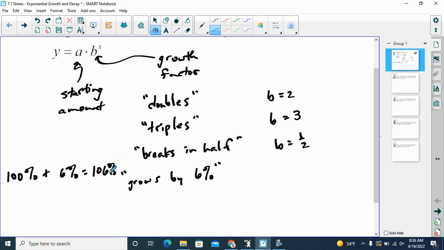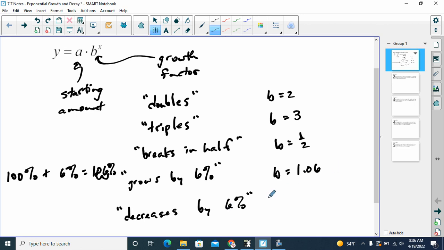And then we need to change it to a decimal. My decimal point's here, now I move it 2 places and it goes right there. So in this case, my b value would be 1.06. It might say it decreases by 6%. Again, we don't want to make b 0.06.